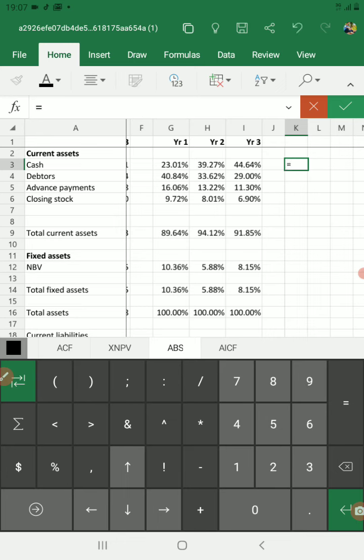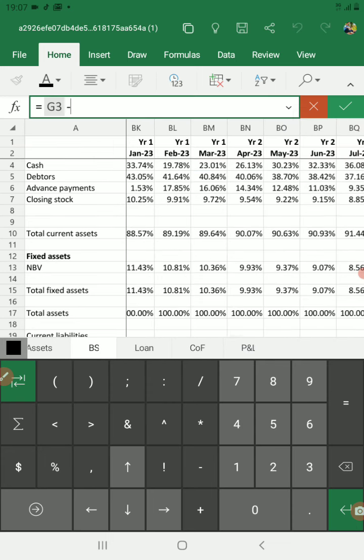Take this figure for cash in year one here in annual, and then minus the figure in monthly. So let us go to our balance sheet in monthly, balance sheet here in monthly, and at the end of year one is here, cash figure, and then press enter.